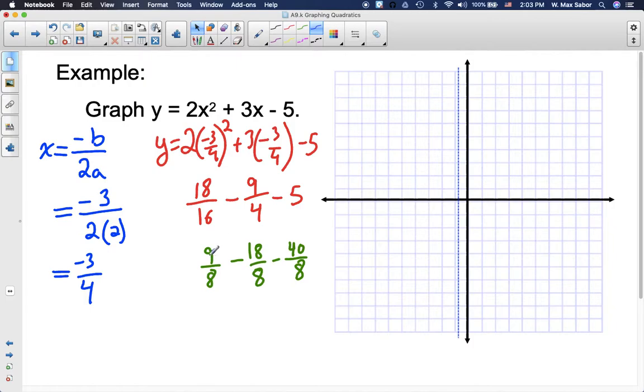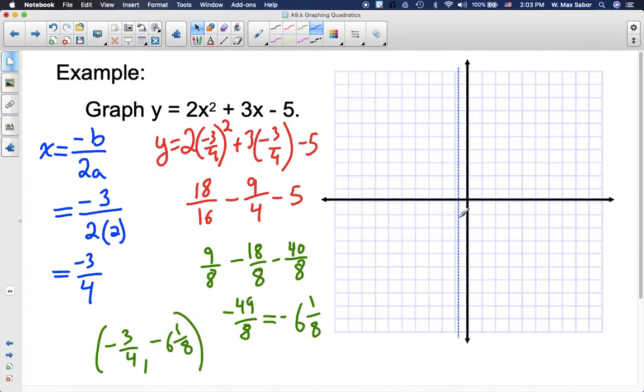So now when we subtract, we'll get -49/8, which is going to be -6 and an eighth. So our vertex is -3/4, comma, -6 and an eighth. Go down 1, 2, 3, 4, 5, 6 and an eighth.